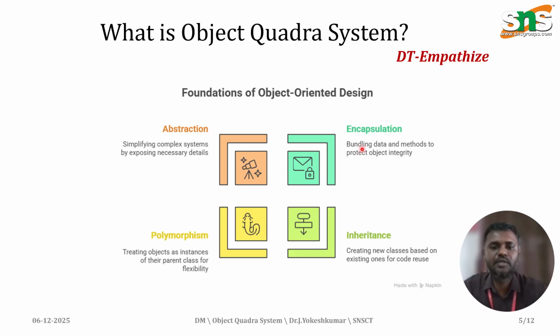Then encapsulation, which is bundling the data to protect the object integrity of the system. And inheritance, which is creating new classes based on the existing ones for code reuse and recreate purposes. And polymorphism, which is treating an object, for instance, as an instance of its parent class, to make the system more flexible for any operation.